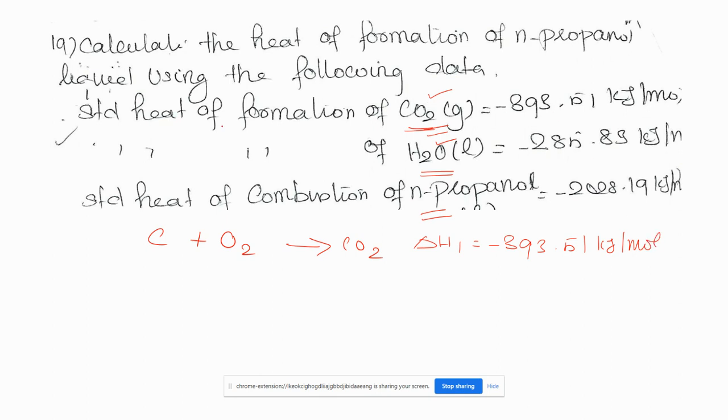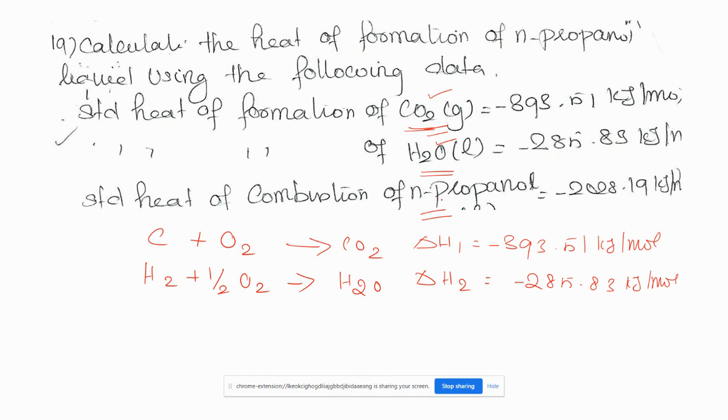The next is the standard heat of formation of H2O, that is H2 plus half O2 gives H2O. For this, del H2 is minus 285.83 kilojoules per mole.